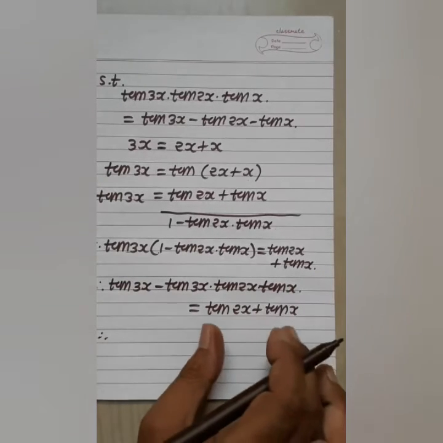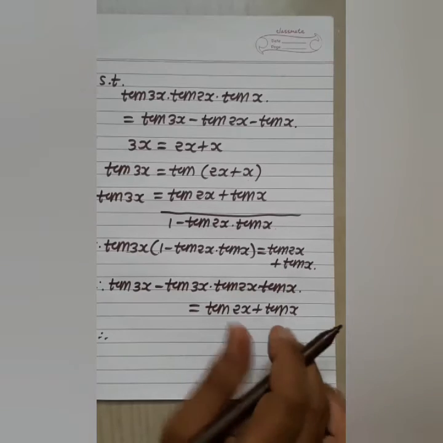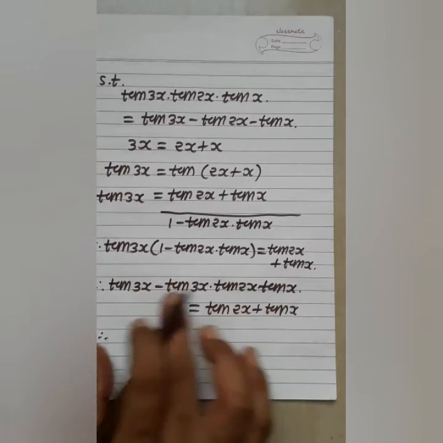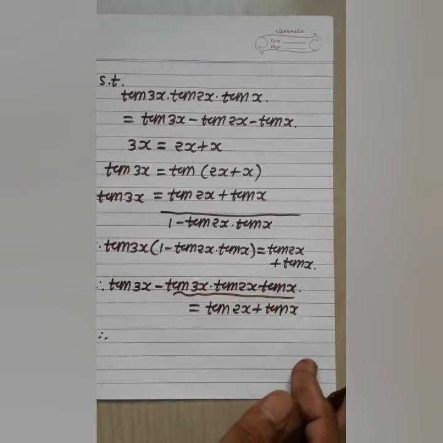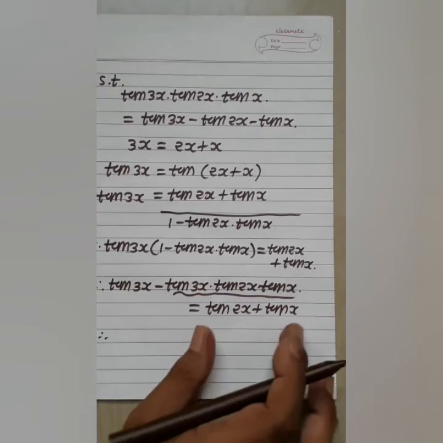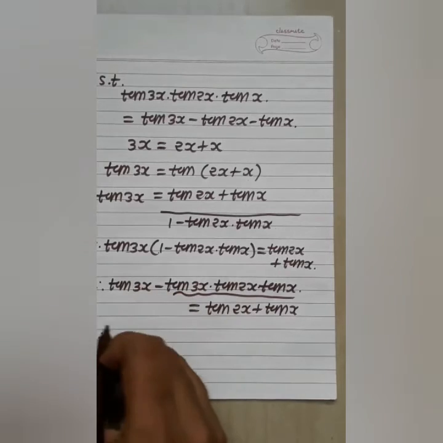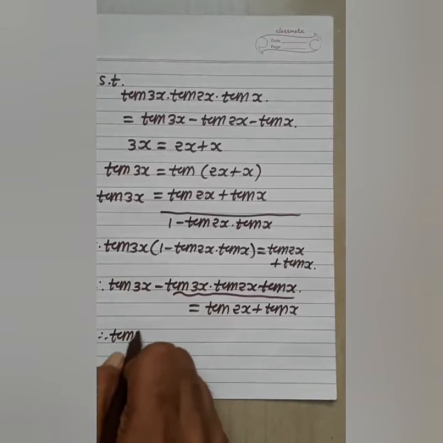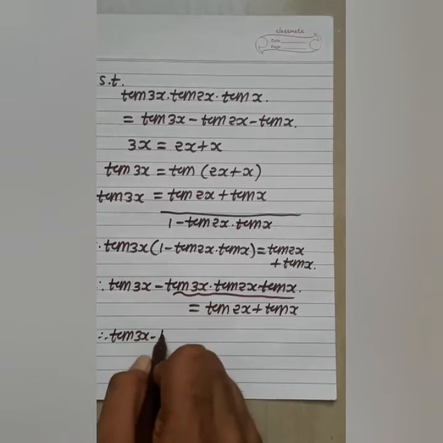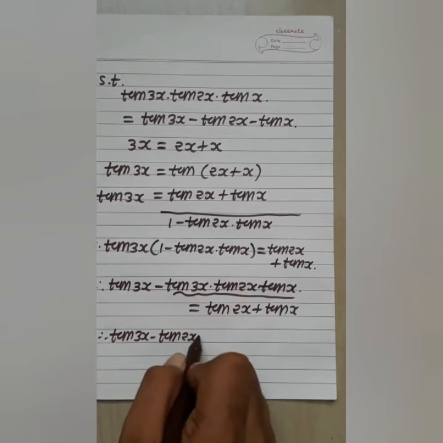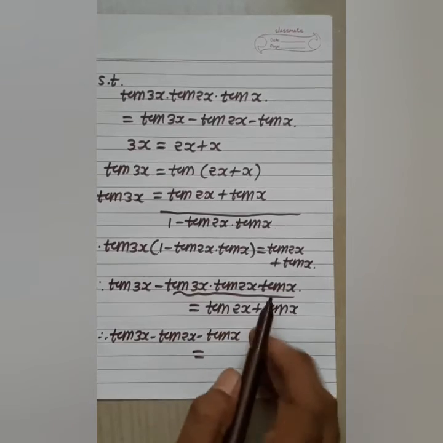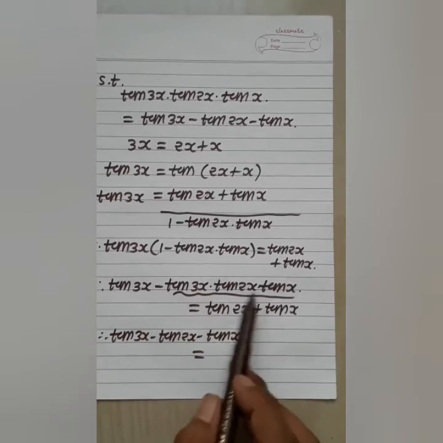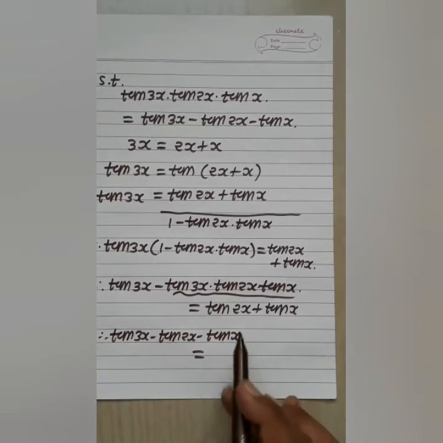Therefore, now tan 2x and tan x we can write on the opposite side, and this term we can write on the opposite side and change the sign. So now tan 2x plus tan x we can write on the opposite side. So tan 3x minus tan 2x minus tan x is equal to this negative term, all this term we can write on the opposite side.